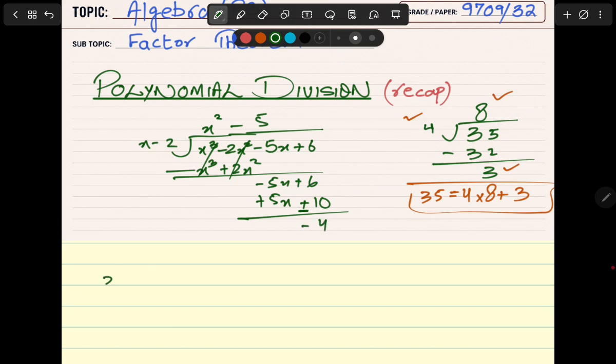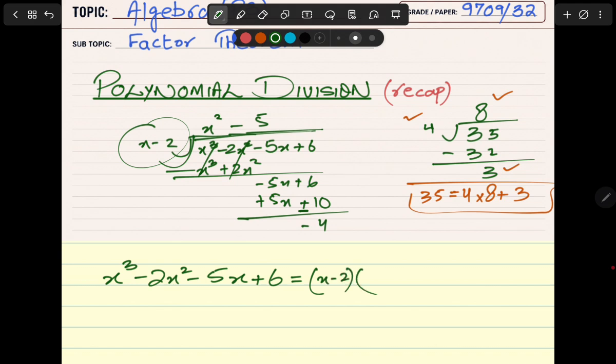So I can rewrite this dividend as the divisor x minus 2 multiplied by the quotient, which is x squared minus 5, and you add the remainder, that is minus 4, right?